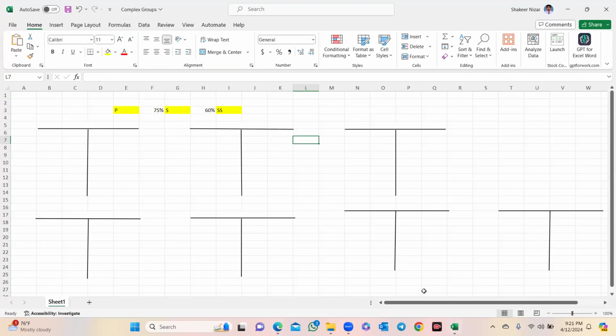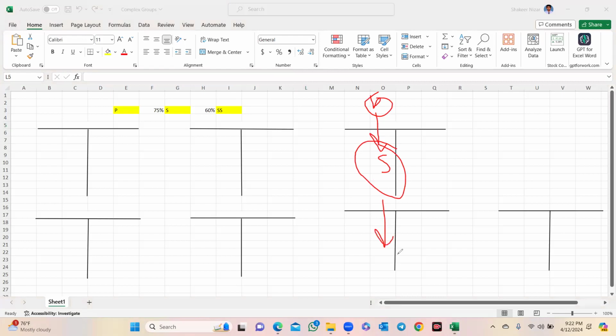Under the basic consolidation you learned this type of case, the parent and only one subsidiary. Now we have another sub-subsidiary. The parent directly owns its subsidiary, but it doesn't directly own its sub-subsidiary.